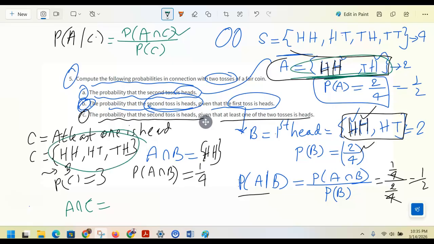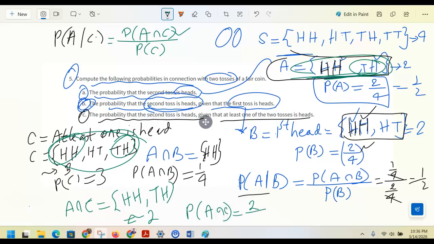We can see there are two of them common, the head head and also the tail one, so these two pieces are common. So there are two of them here, and that's why probability of A and C will be 2 out of 4.